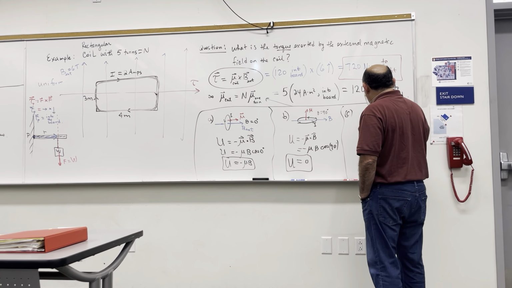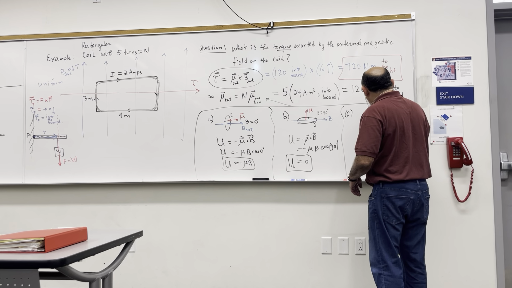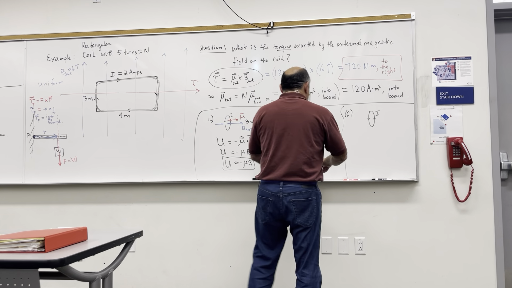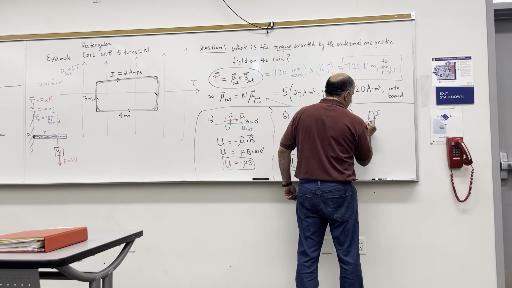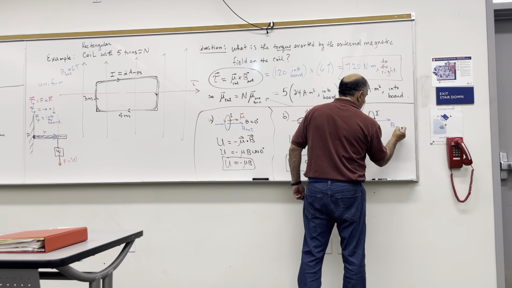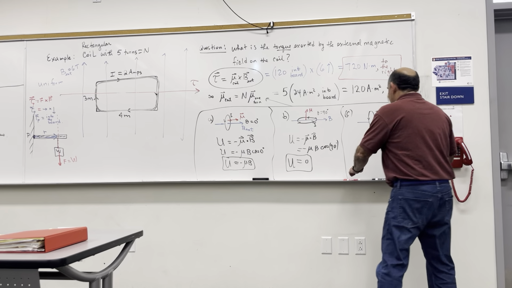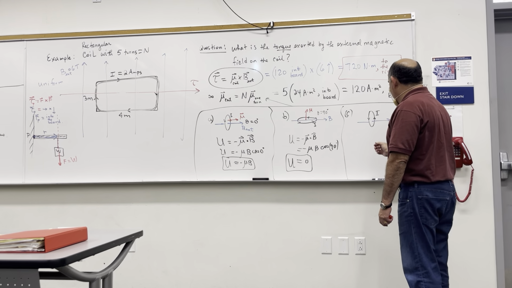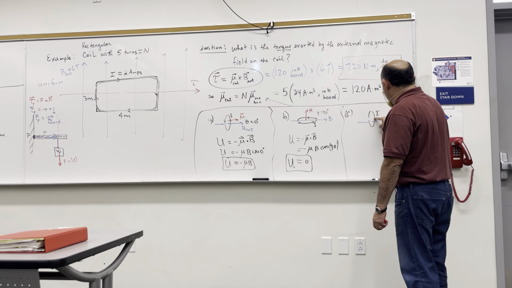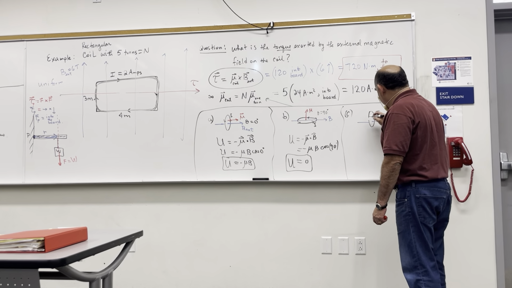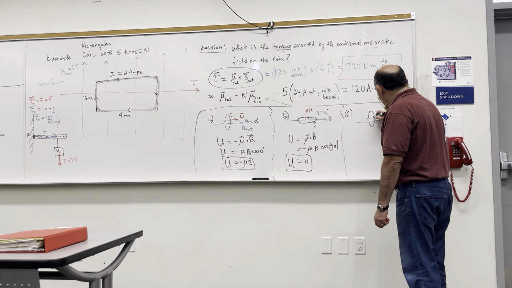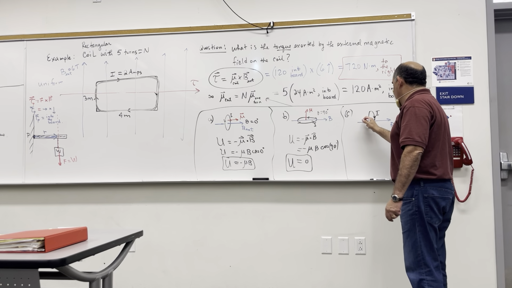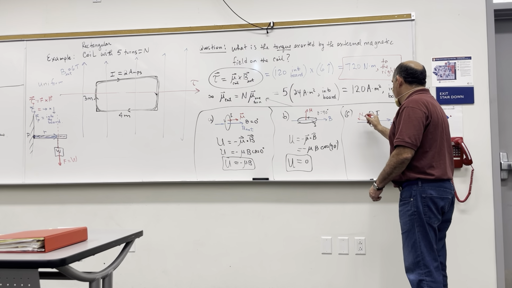Now, what happens if I take the coil, and the current is like that around the coil, it's a vertical coil, and the magnetic field that this coil is sitting in is to the right. I meant it to be the other way, so that mu is this way, to the left.